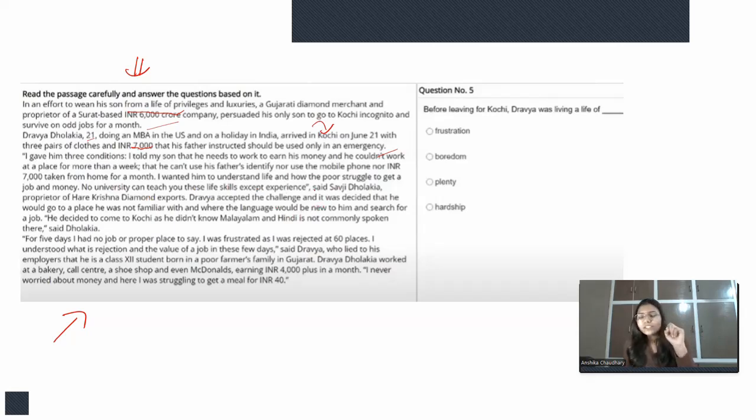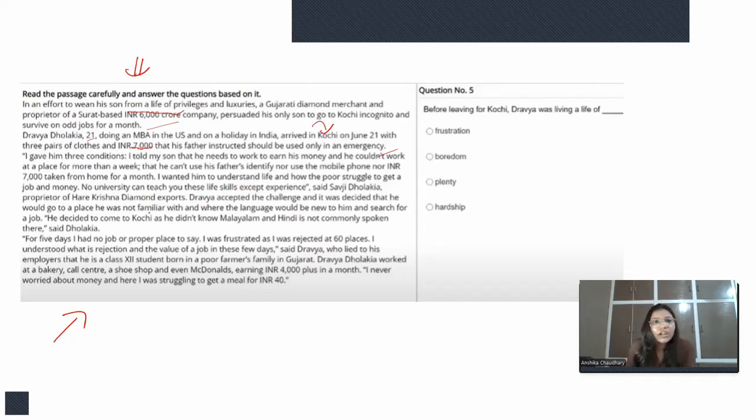And the third condition is that he cannot spend the 7,000 rupees until and unless he is facing an emergency. After 1 month he can spend that money, or when he is hit by some emergency, but before 1 month he cannot use it. So these are the 3 conditions.